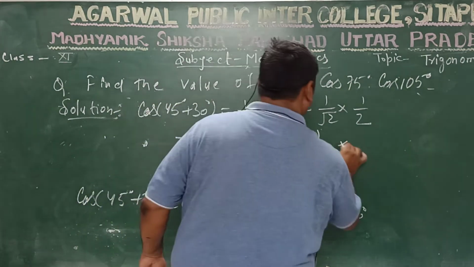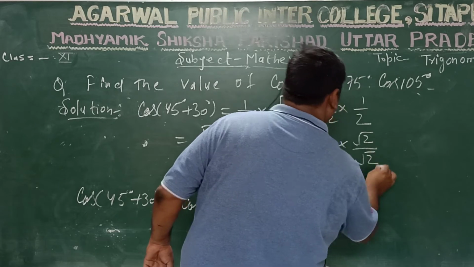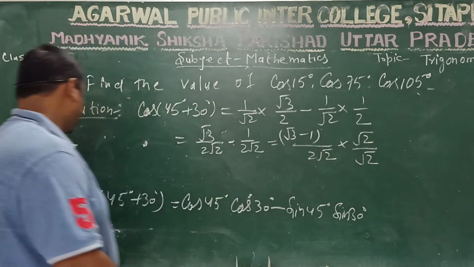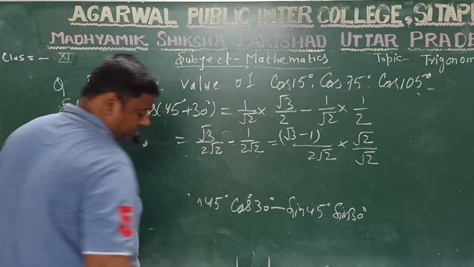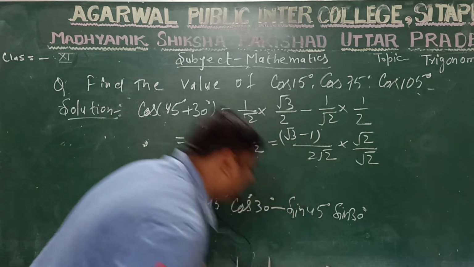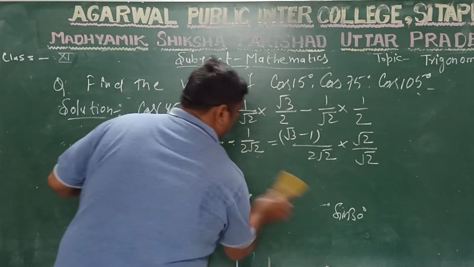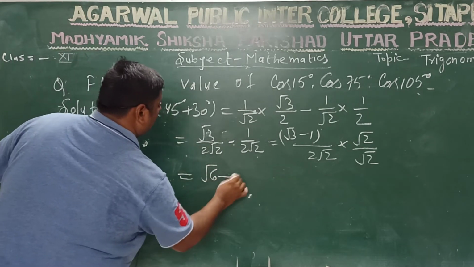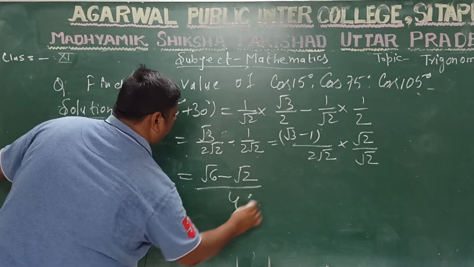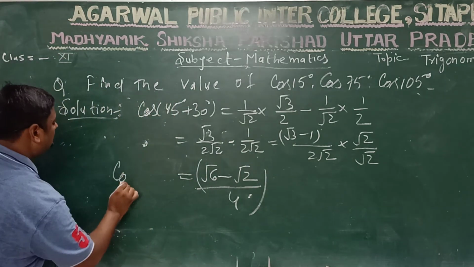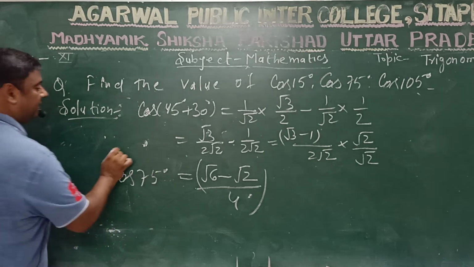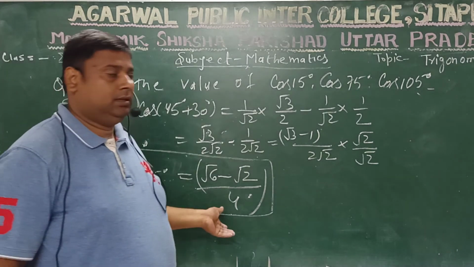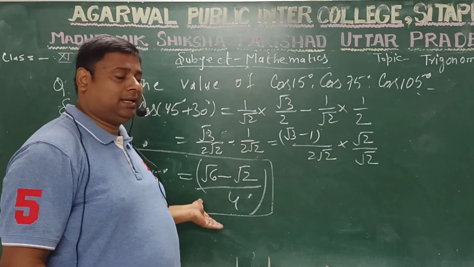Root 3 minus 1. Now we multiply to rationalize, root 2 by root 2. Root 6 minus root 2 upon 4. This is your cos 75. I think you have enjoyed this question. Do you remember and understand this question?